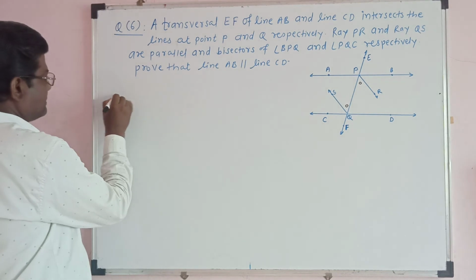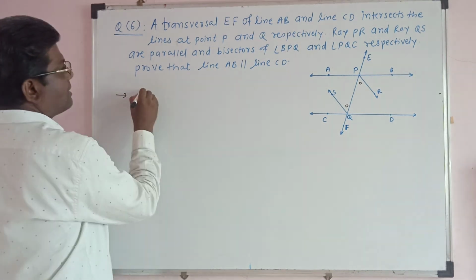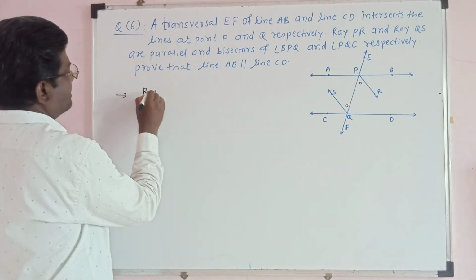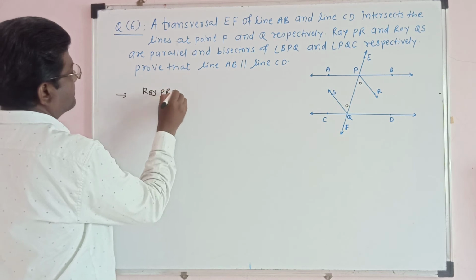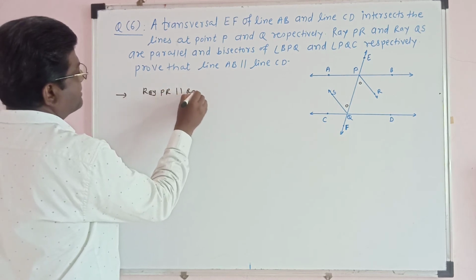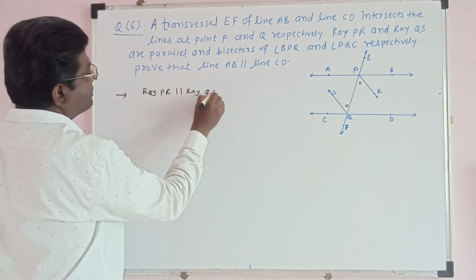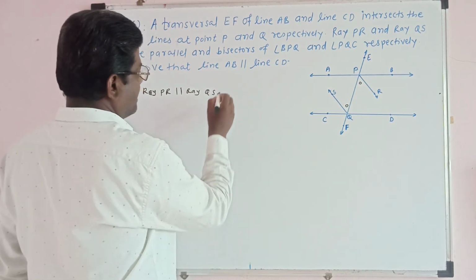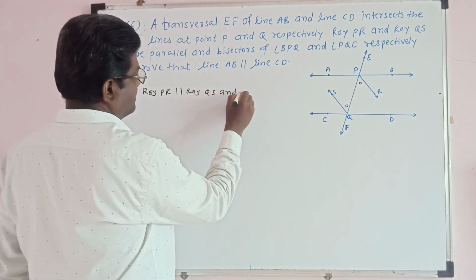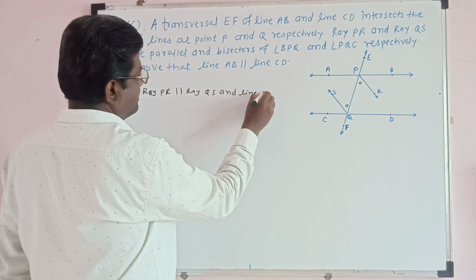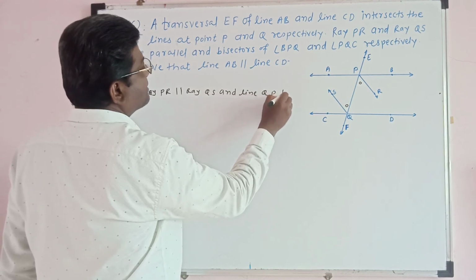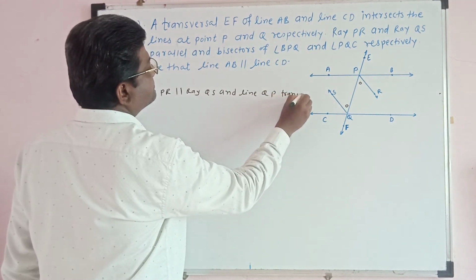So we write ray PR parallel ray QS and line QP transversal.